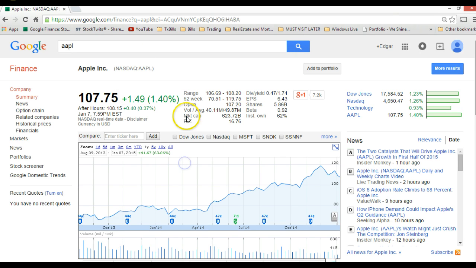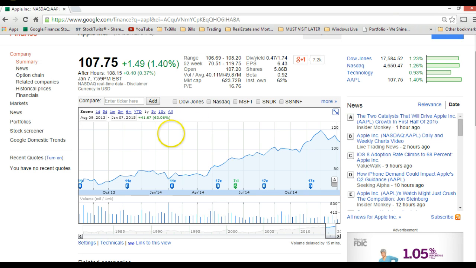So if you look at Apple's 1 year chart, you will see there's a little green S, which stands for split, 7-to-1 on June 9th 2014, and I forgot how much it was trading at that time. It was probably like 600 or so, probably less. So yeah, that's the traditional split.